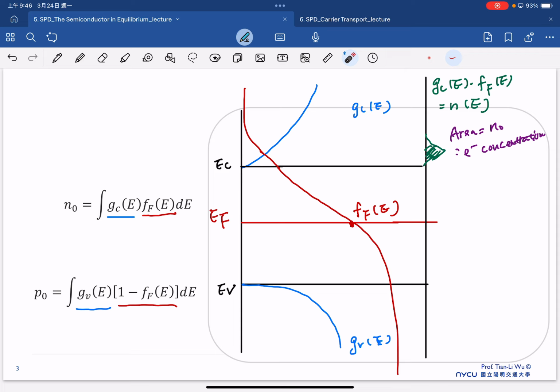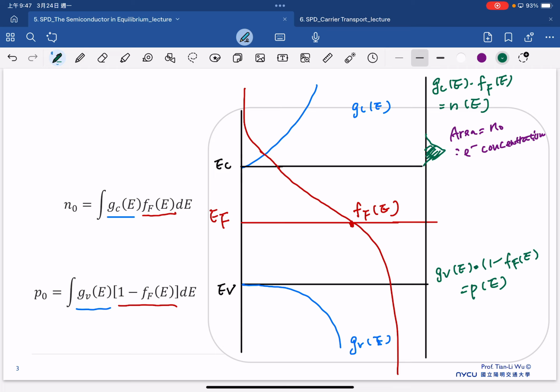And similarly, if we calculate GVE times 1 minus FFE here, that would be equal to the PE, which is the hole concentration.